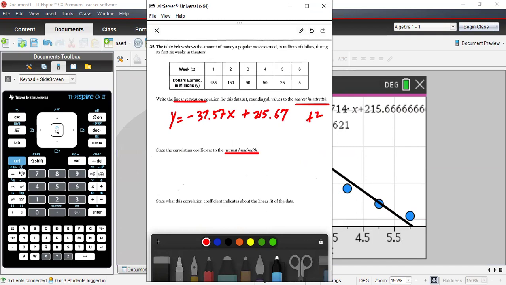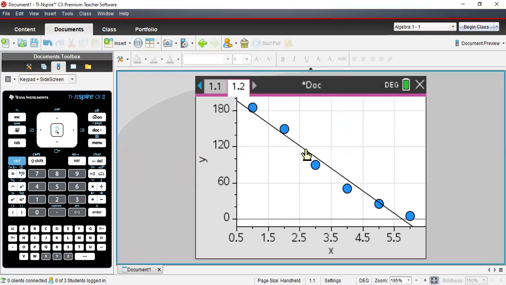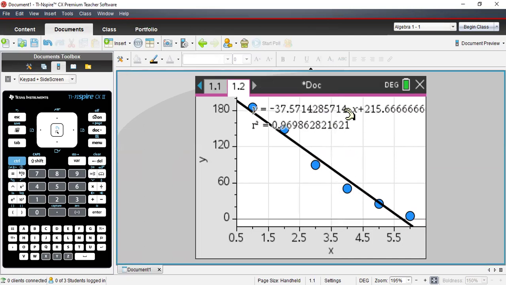Now we have to come up with the correlation coefficient. The way that we're going to do that is we are going to use this r squared and find the correlation coefficient from there. So the r squared, I'm going to write this down on my iPad or my paper. This is going to be 0.96986282216.